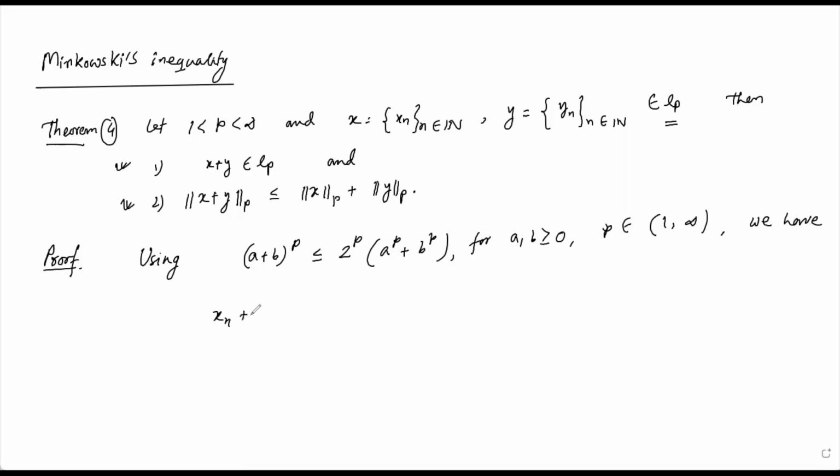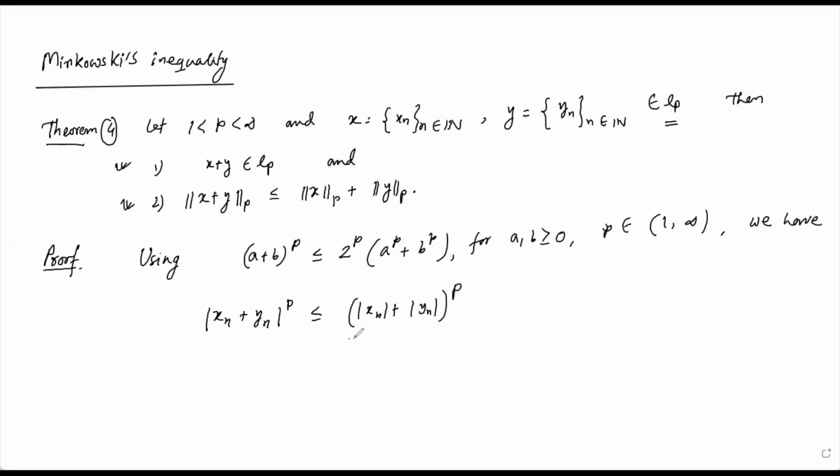Okay, so using this inequality, we have the absolute value of x_n plus y_n, to the power p, is less than or equal to the absolute value of x_n plus the absolute value of y_n, whole power p.